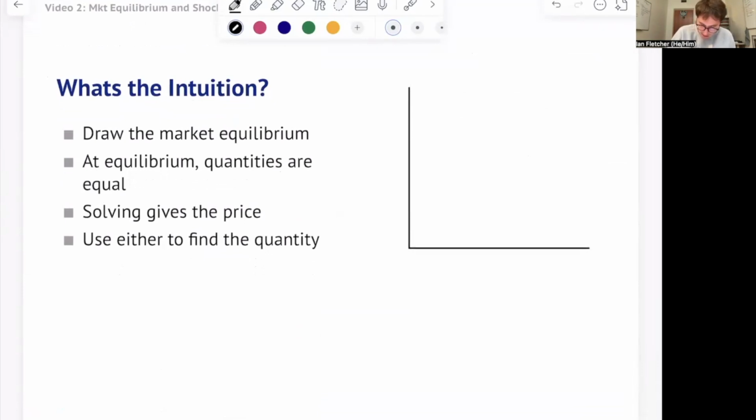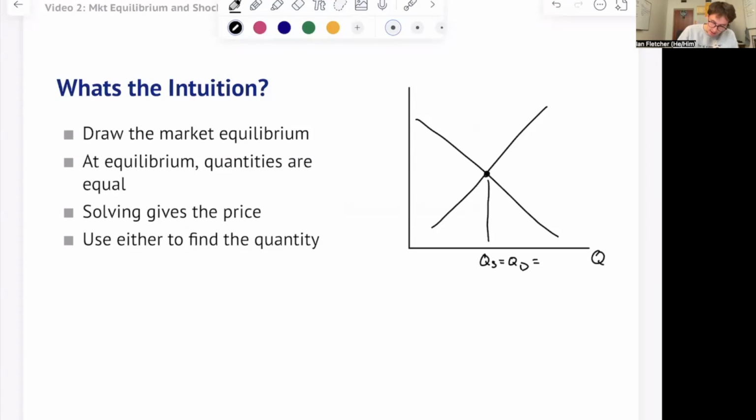That's my fault. If we had these curves, at the equilibrium, quantities are going to be equal. So if this is Q, at this point, this is where QS is equal to QD is equal to Q star. Solving for anything can back out this price star, and then you can put it back in to figure out what your Q star is.